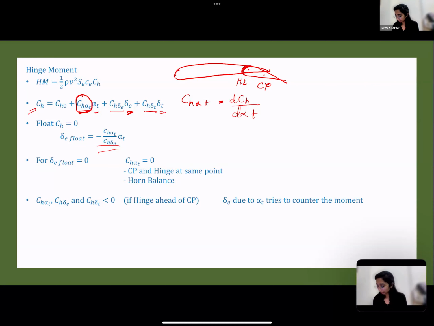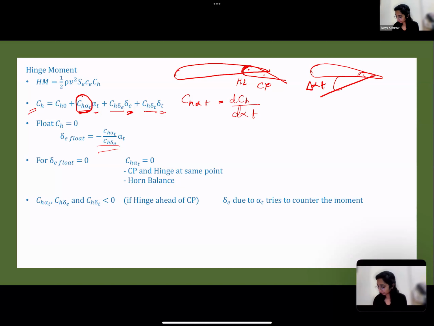Let's try, if this is your wing, tail, and that is your elevator, this is the hinge point. Now, if there is an increase in the angle of attack at the tail, you have delta alpha tail. There will be a lift produced at the tail. Will there be an increase or decrease in lift if I increase the angle of attack at the tail?